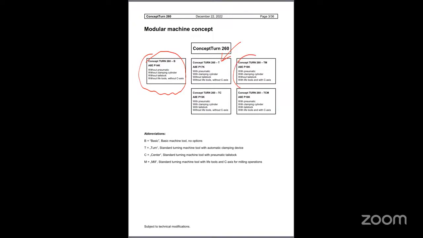We can machine drilling and milling operations other than turning. Then CT260TC, turning plus center. This is for long shaft machining, having pneumatic clamping, tailstock, no live tools or C-axis.